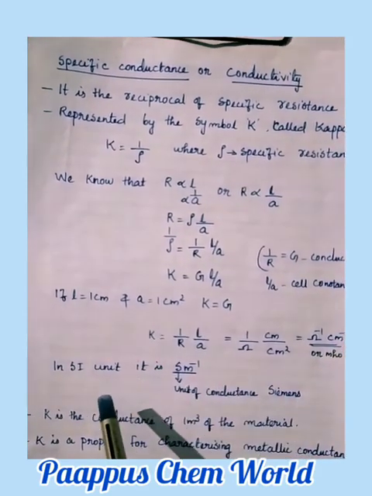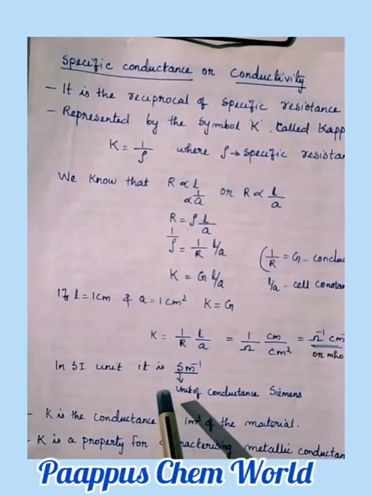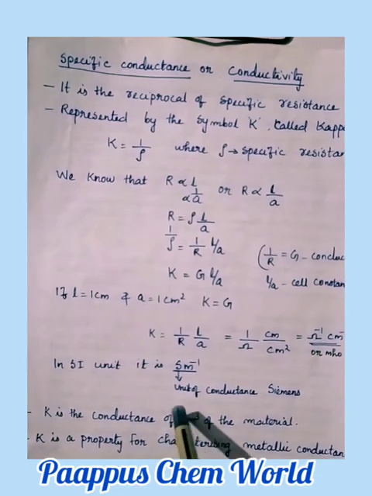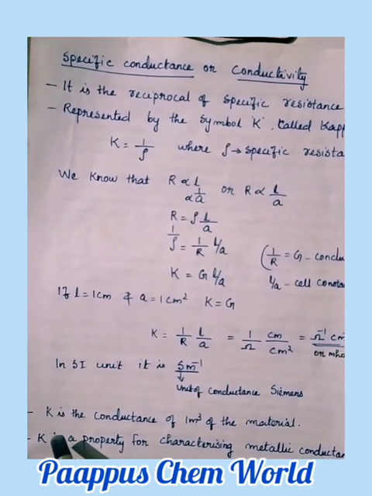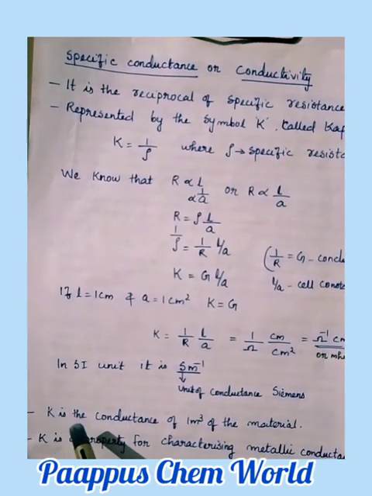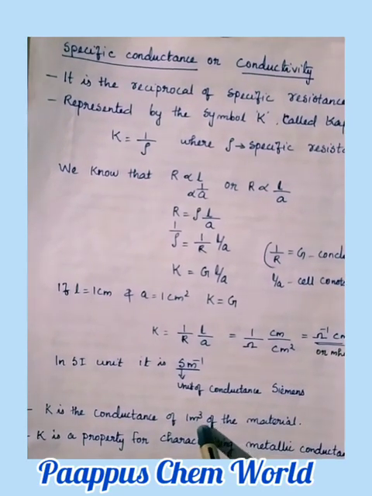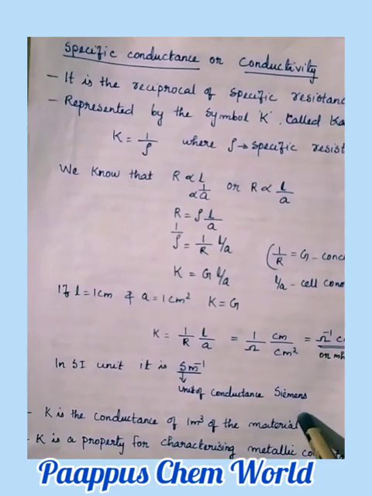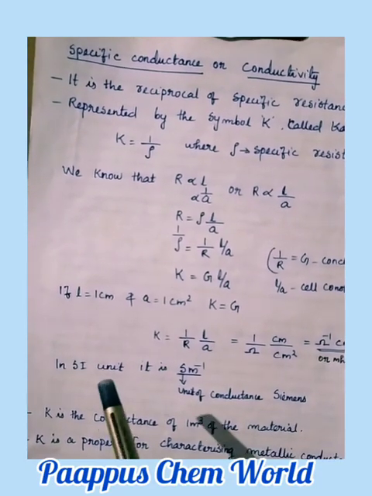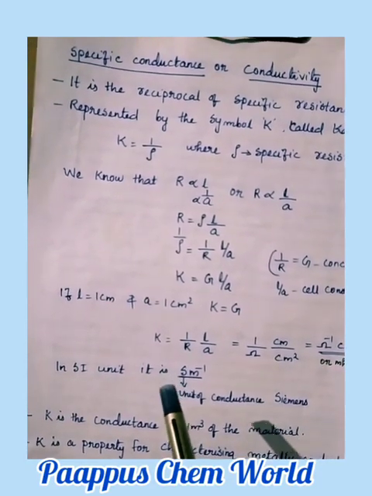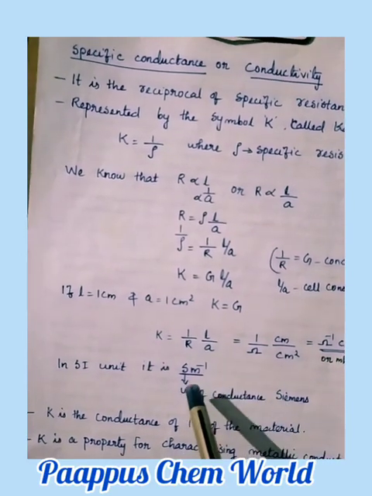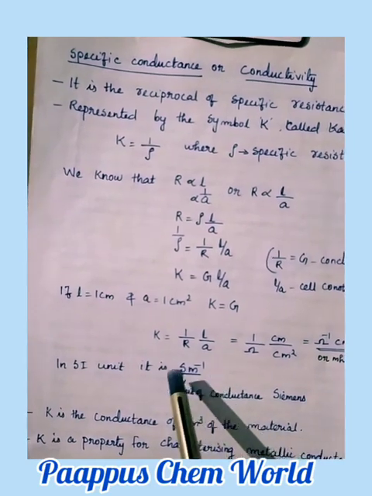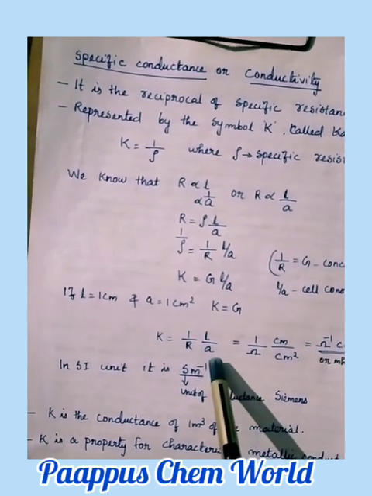We can also represent it in meters. So specific conductance or conductivity is the conductance of 1 meter cube of the material or 1 centimeter cube of the material. In SI units, the unit of specific conductance is Siemens per meter or Siemens meter inverse.